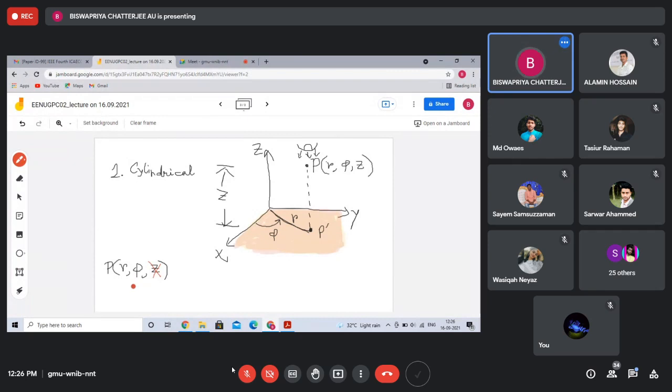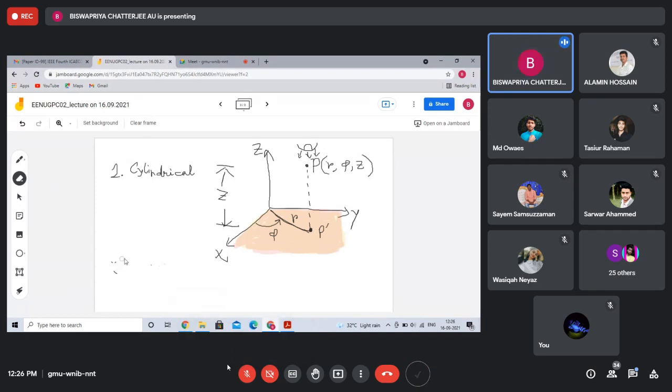Yes or no? Have you heard of polar coordinates or polar form? If no, then I will not discuss it. So this is all about the cylindrical system.